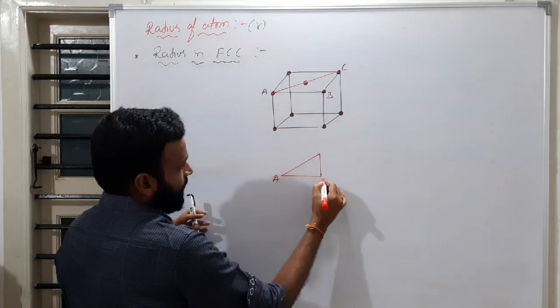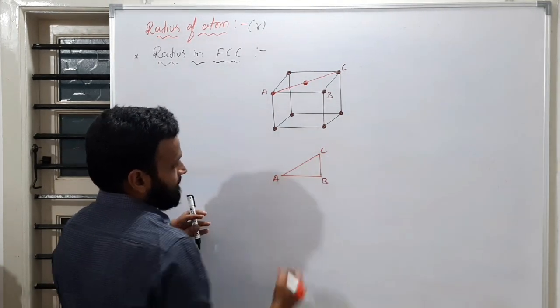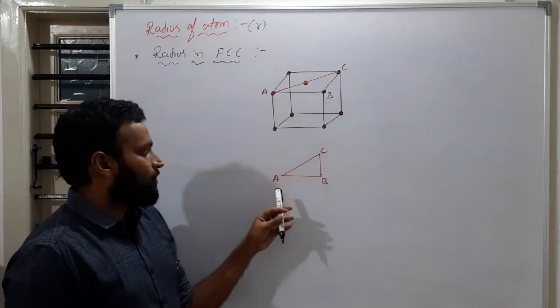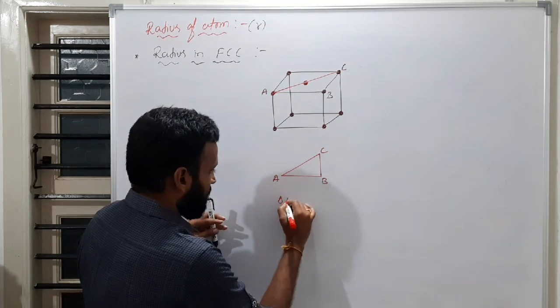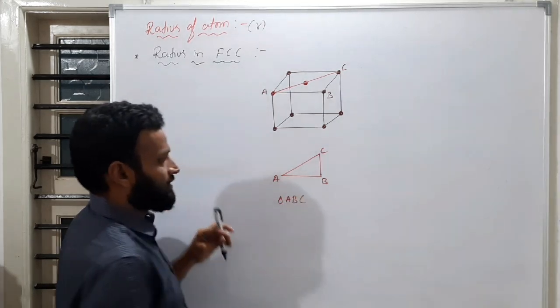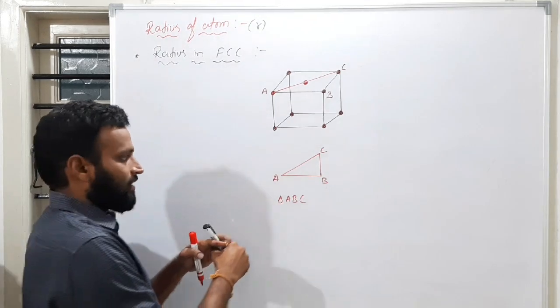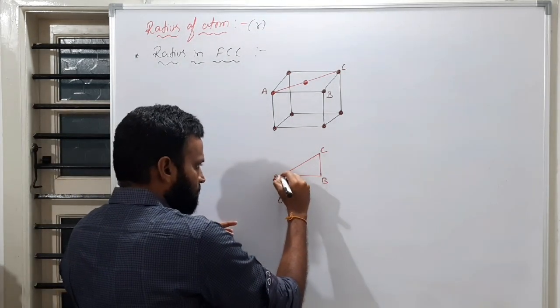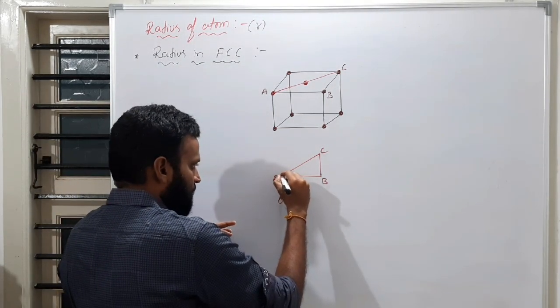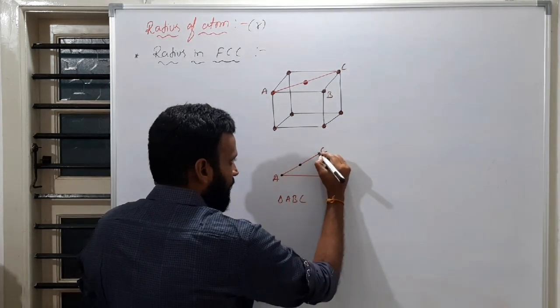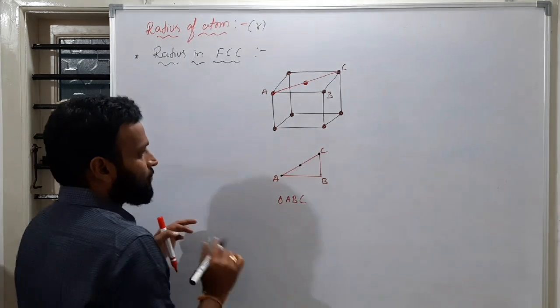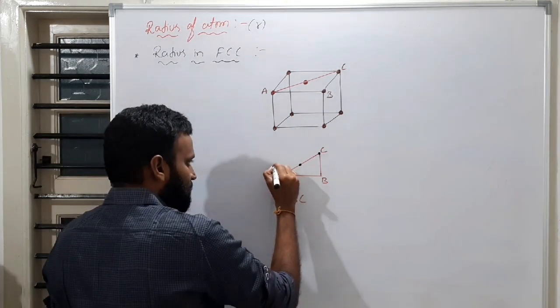This is A, this is B and this is C. So I consider triangle ABC, a right angle triangle. Here you have an atom, and here at the face center you have an atom, and again this is a corner atom.